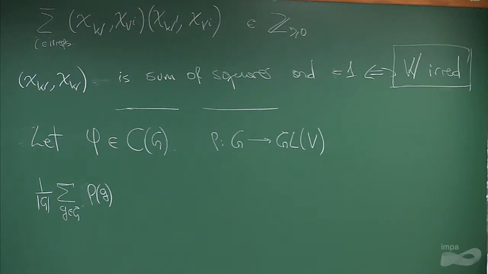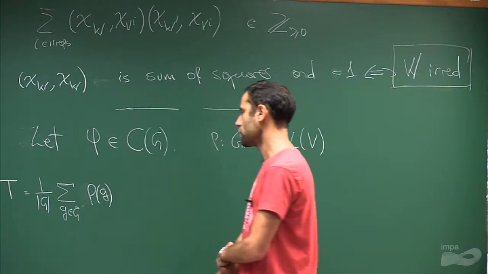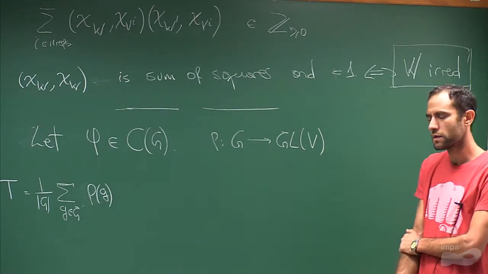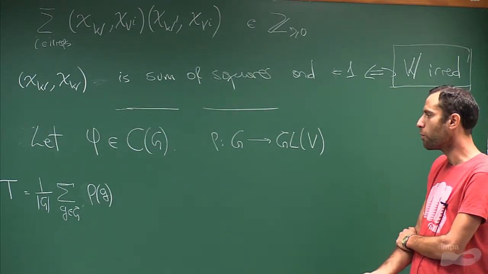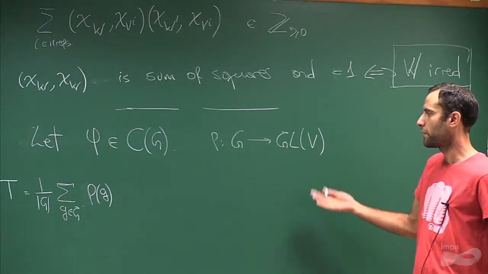So I claim that this is an object that we've seen before. Let's call this guy, I don't know, I'll call this T. So what is this guy? So I claim that this is, in some sense, the orbit of an endomorphism of V under the action of G.